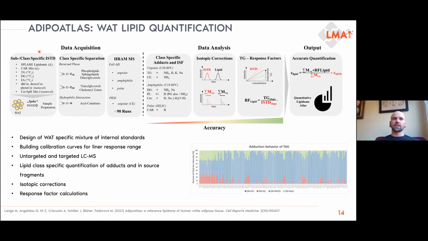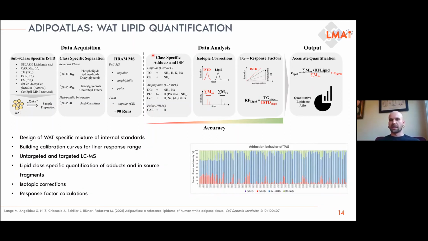We again separated all the different isomers on different liquid chromatography systems and measured in an untargeted way the mass spectrometry here. What we did then is that we again performed the data analysis workflow, ensuring high accuracy. One thing that is quite important here is that we took into account specific adduction behavior and in-source fragmentation behavior.